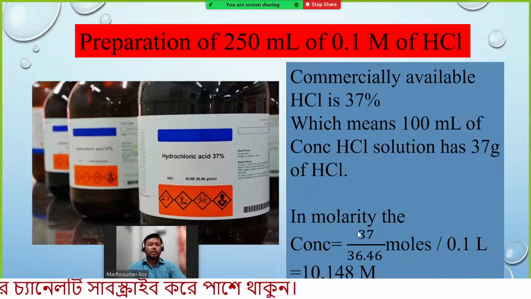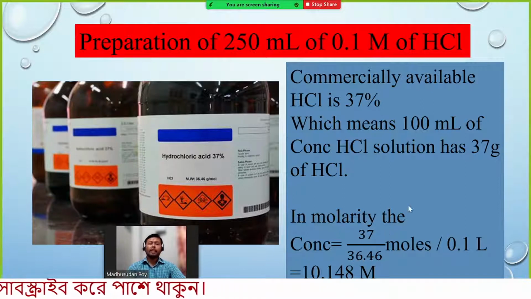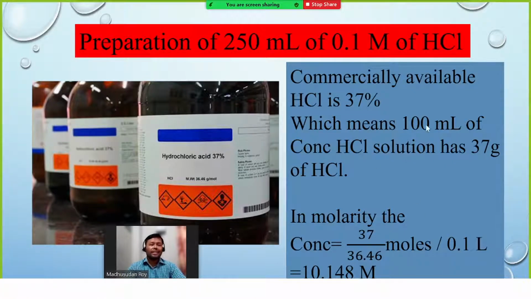Now what is the volume? 100 milliliter equals 0.1 liter.